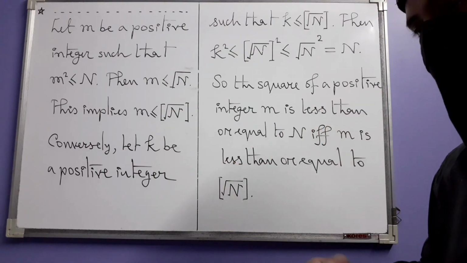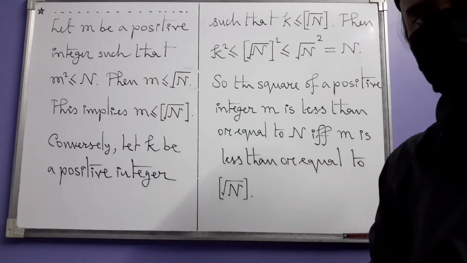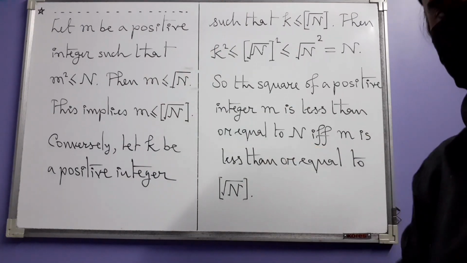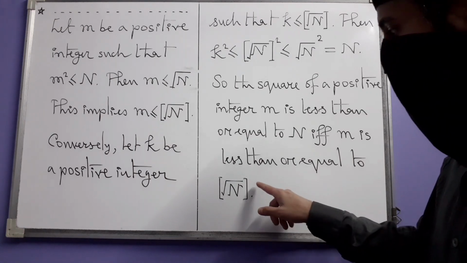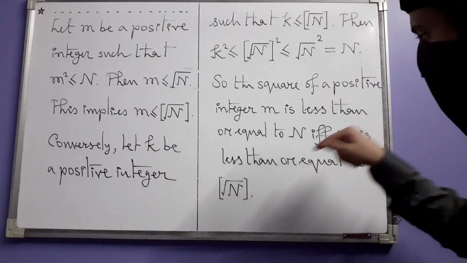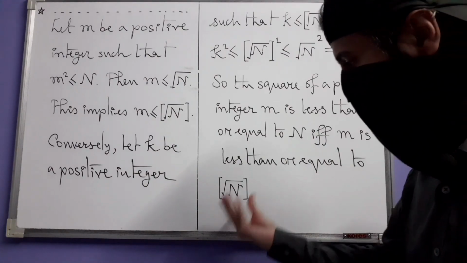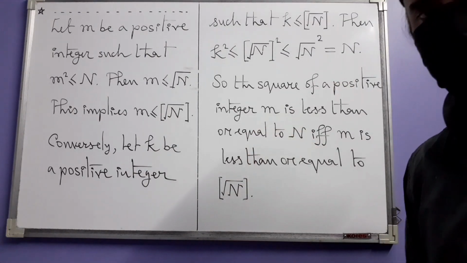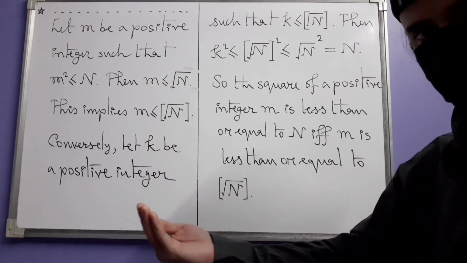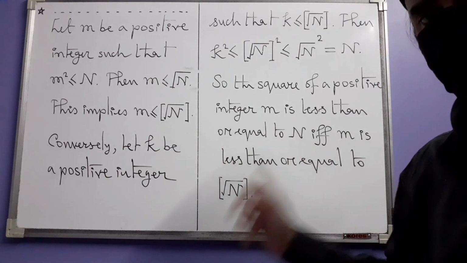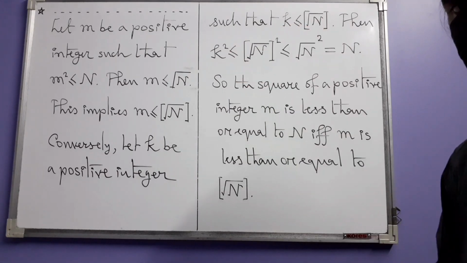So what is the number of such m squares? Obviously the same as the number of this type of m. Now, how many positive integers satisfy this, that they are less than or equal to this integer? That number obviously is equal to this, because that many positive integers are starting from 1 and ending at this. That's why that number is this.